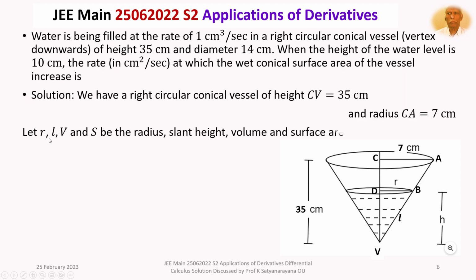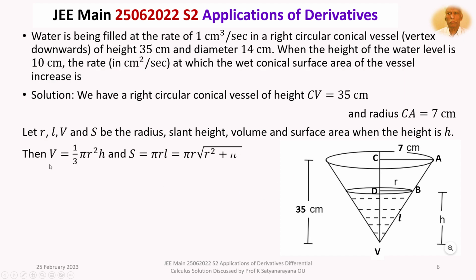Let r, l, V and S be the radius, slant height, volume and surface area of the conical vessel when the height is h.